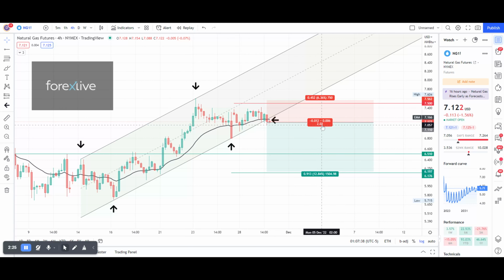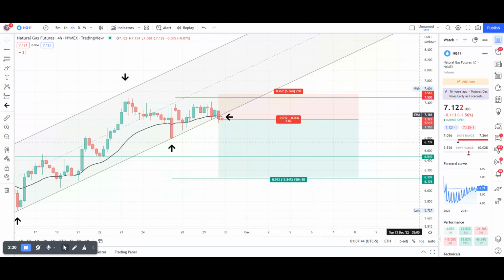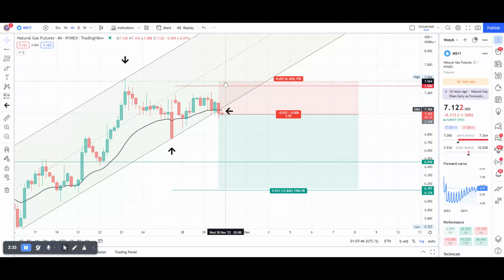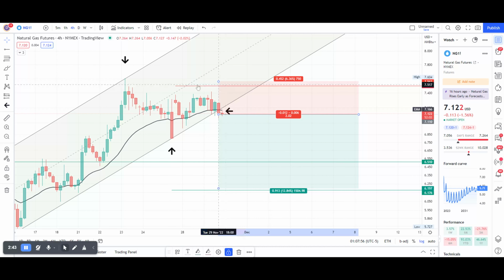It says here 2.02, but let's round it to 2. My stop here is at 7.562. Okay, so it's well above all these highs, going all the way back to the 23rd of November. So about 8 days already.